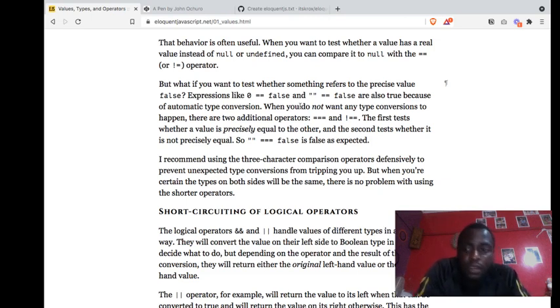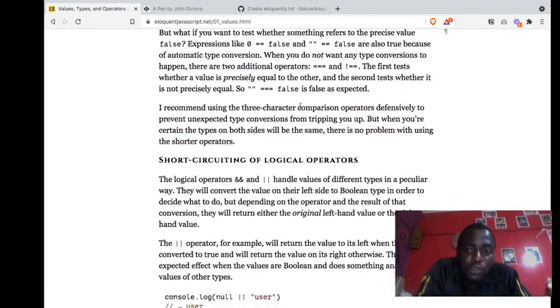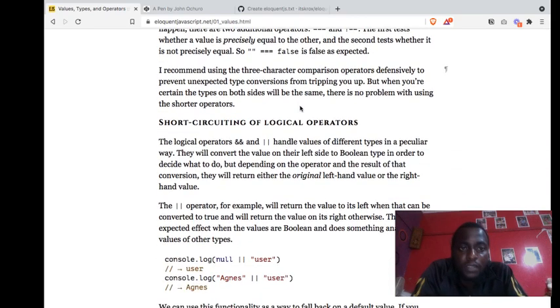It doesn't allow JavaScript to do that weird thing it does. I recommend using the three-character comparison operators defensively to prevent unexpected type conversions from tripping you up. But when you are certain that the types on both sides will be the same, there's no problem with using the shorter operators.